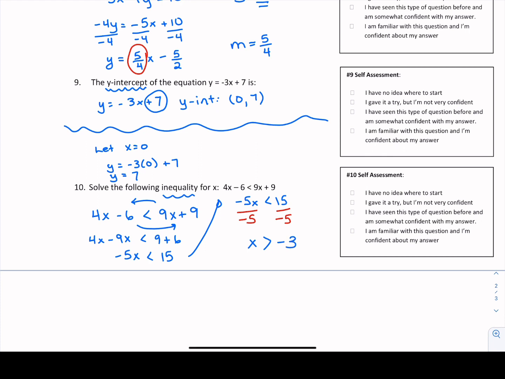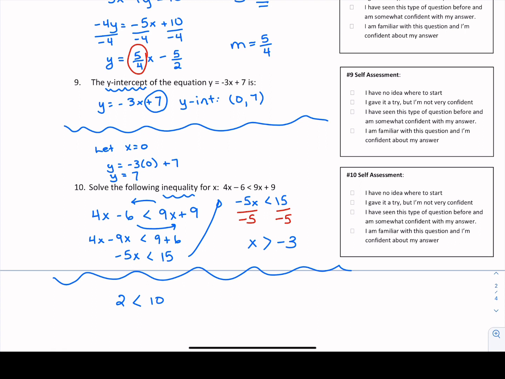So one of the rules we need you to remember here is that whenever you multiply or divide an inequality by a negative sign, you have to flip that inequality. Its direction needs to change. Underneath here, I'm going to explain a really brief scenario about why that happens. If I were to give you the inequality 2 is less than 10, we agree that that's true.